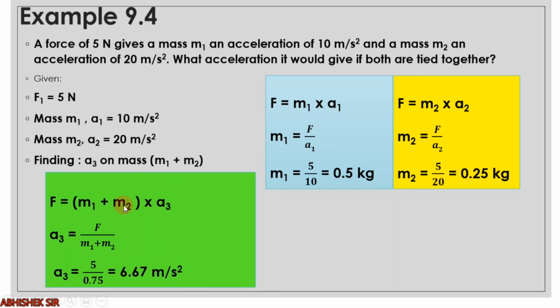So just take this M1 plus M2 to the other side, just below the F. So it will be F upon M1 plus M2. F is 5, already given. M1 plus M2 is 0.5 plus 0.25, which is 0.75. So now 5 upon 0.75 is 6.67. Acceleration we are finding, so the unit is meter per second square, right?